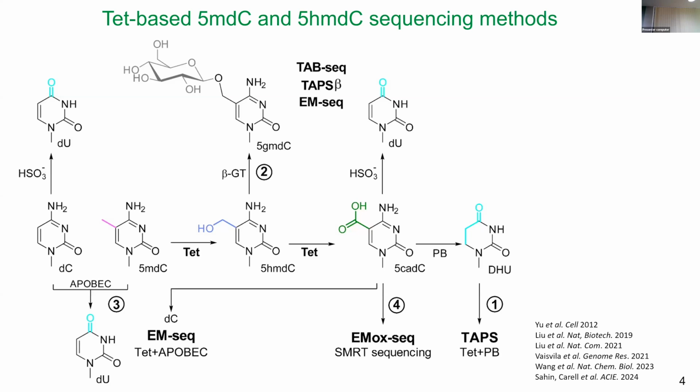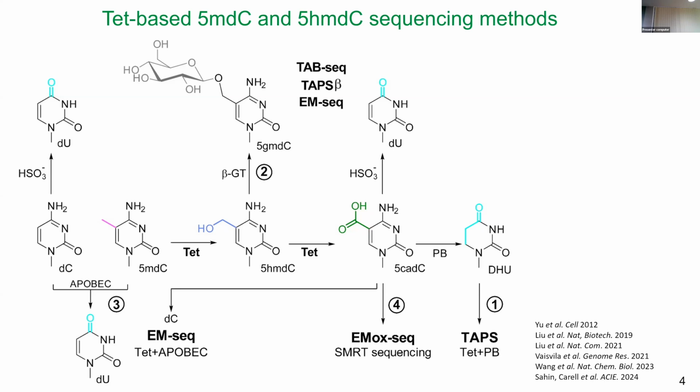So in the past 20 years or so, lots of other methods have been developed. For instance, you can use TET enzymes to oxidize 5-methylcytidine to carboxycytidine, and then react it with pyridine borane to dihydrouracil, and here you learn about the position of the methylcytidine, because the dihydrouracil will later be read out as a T in the sequencing reaction.